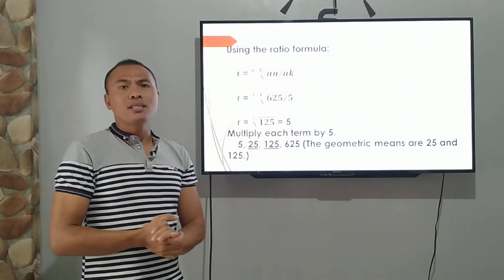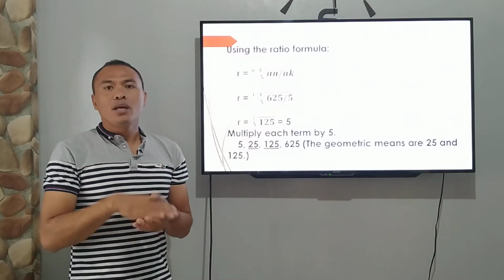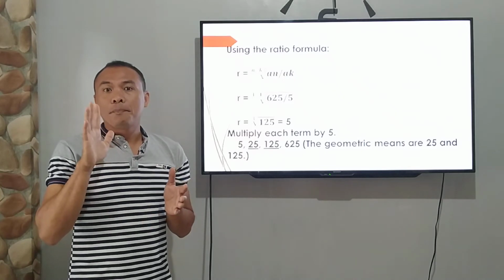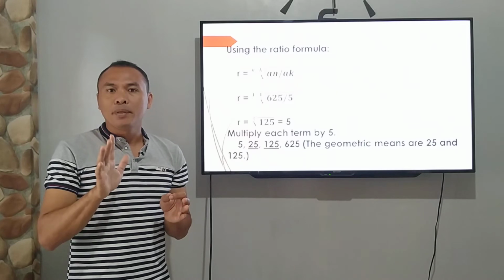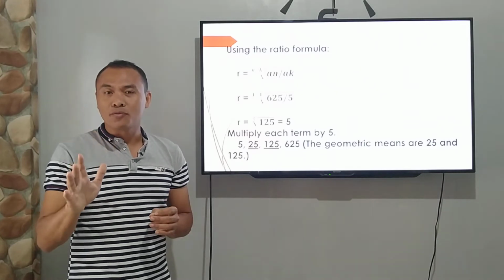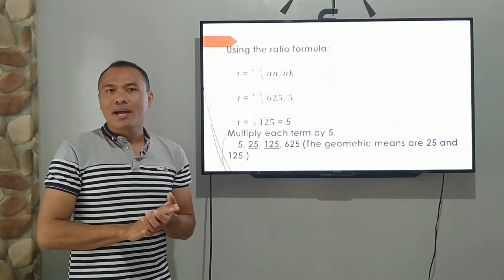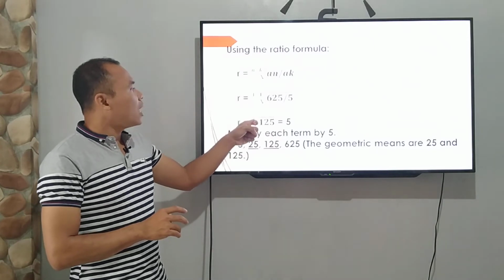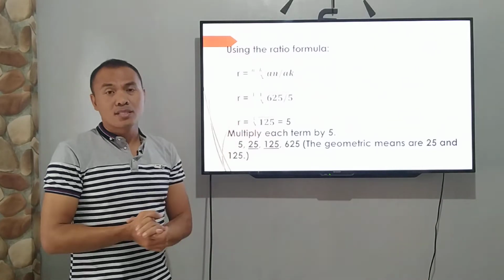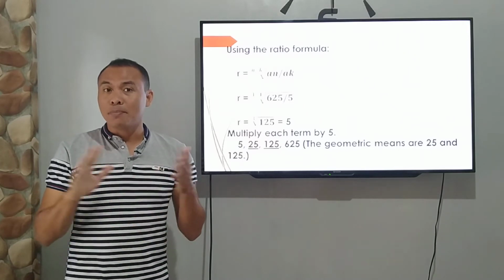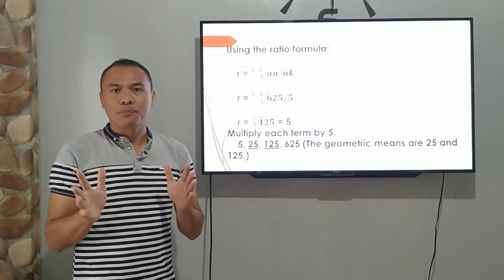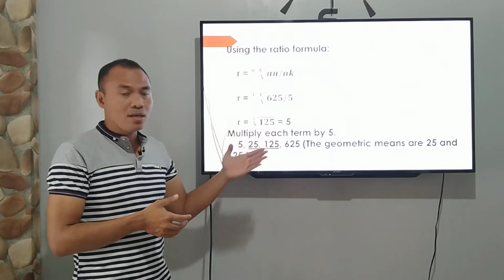Hindi siya positive at negative 5 kasi if you will multiply negative, ang magiging product natin is negative 125. Kaya positive siya. Kasi ang cube root ay it represents odd number. Pwede siya pag even number, pero pag odd, it's positive. Dito sa ating example, okay?